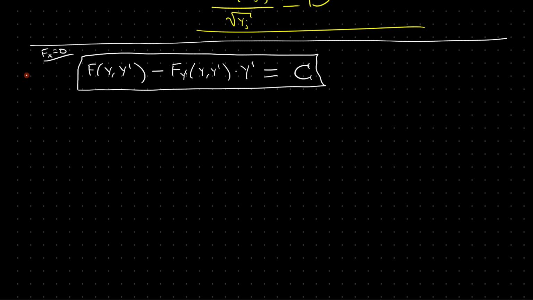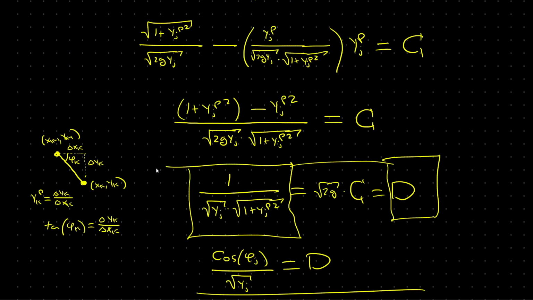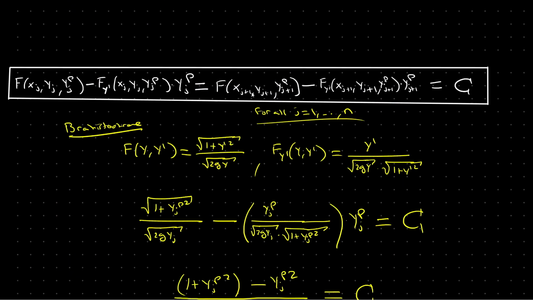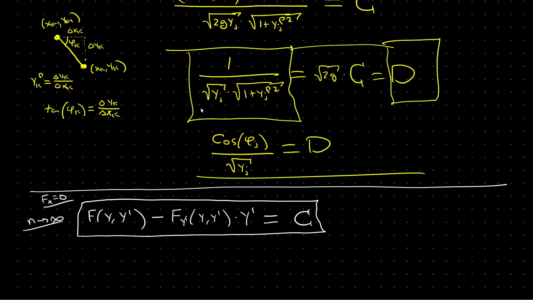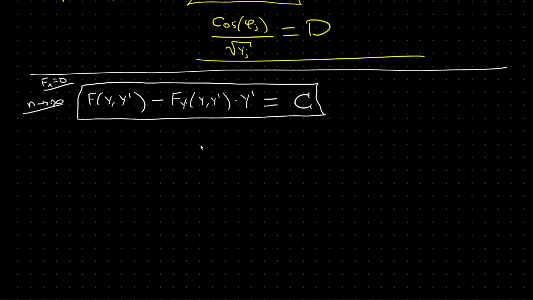So in the limit as n goes to infinity, this condition that we derived earlier reduces to this condition right here, which, for the general problem posed before, the simplest variational problem, is a differential equation that the function y must satisfy.